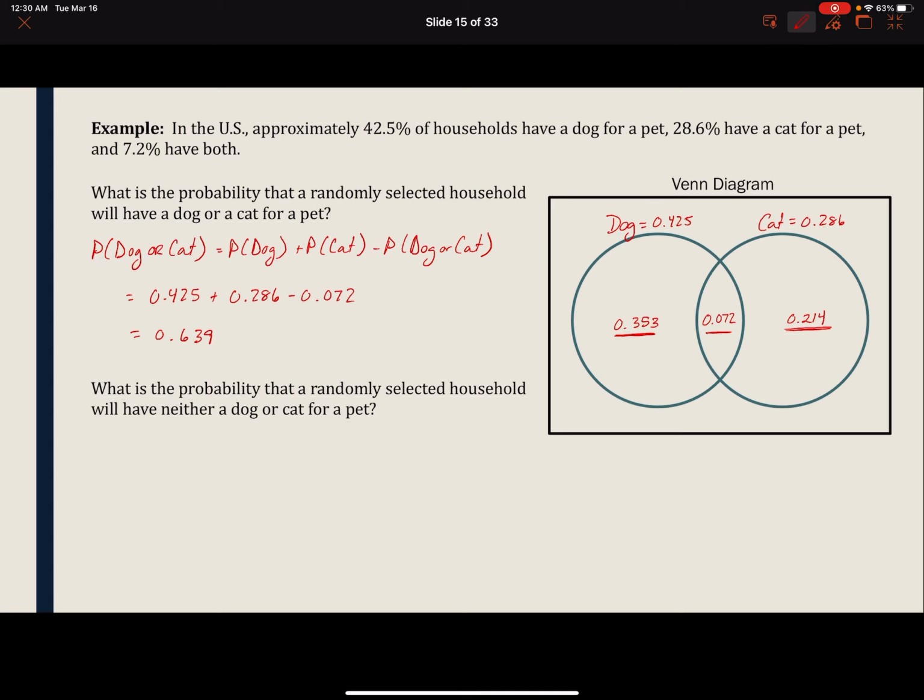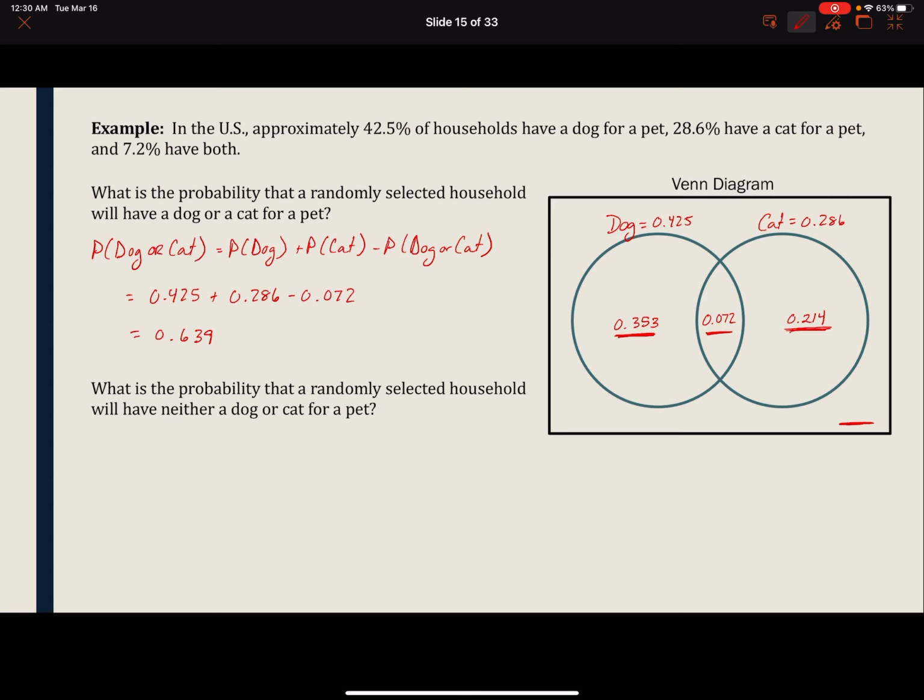The next question, what is the probability that a randomly selected household will have neither a dog nor a cat for a pet? I commented that this is going to be a complement problem. That's because when you're looking at a Venn diagram, or anytime you have two events like this, there are really only 4 possible outcomes: only a dog, only a cat, both a dog and a cat, or neither, meaning all of the ones that don't occur within these circles.